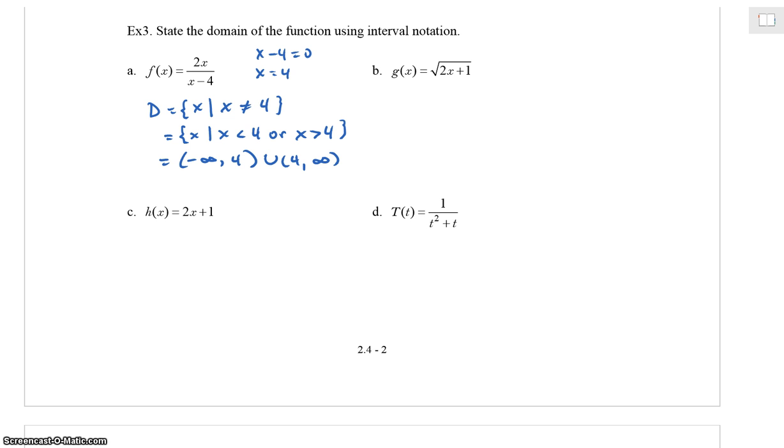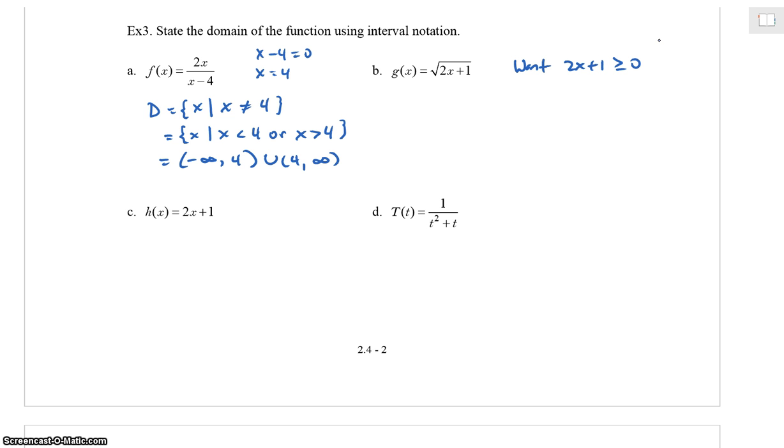So to avoid imaginary numbers, we want to take 2x plus 1, the expression under the square root, and ensure that it is always greater than or equal to 0. So we want to determine the values of x such that 2x plus 1 is never negative.